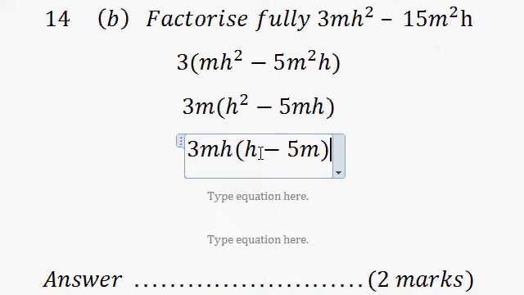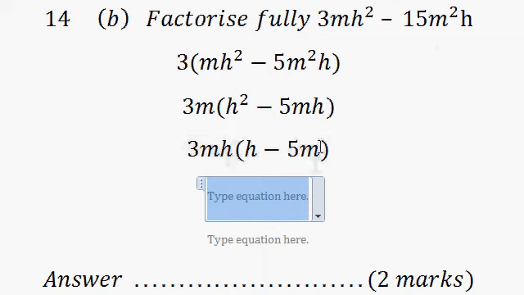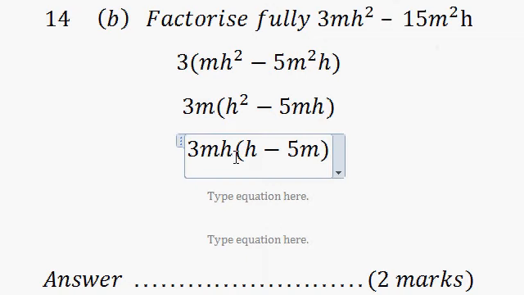And we check what's inside the brackets again. Does h and minus 5m have anything in common that we can factorize out? No, they don't. So this is our final answer here. 3mh times, in brackets, h minus 5m.